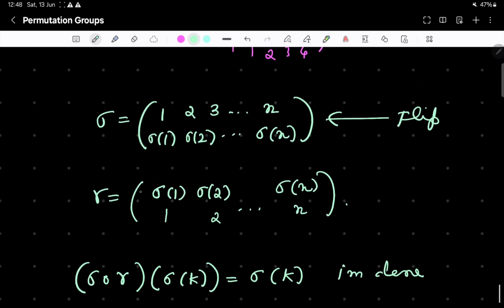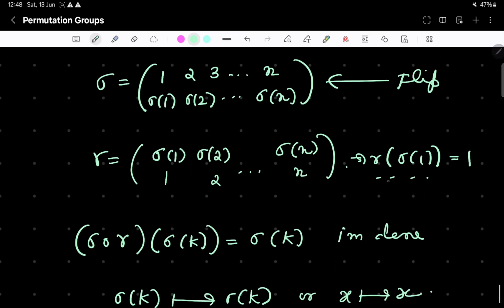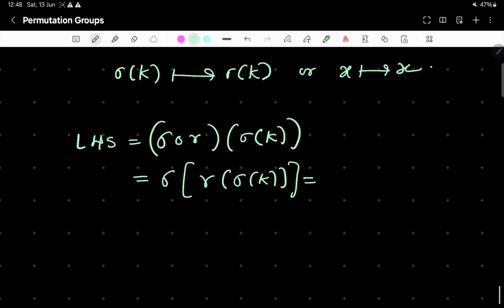What is gamma of sigma of k? Here gamma(sigma(1)) is equal to 1, right? Similarly for everything, so gamma of sigma of k is simply k. So we are done.